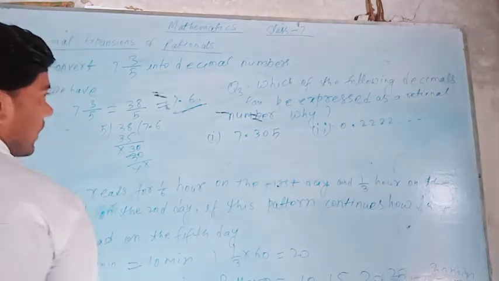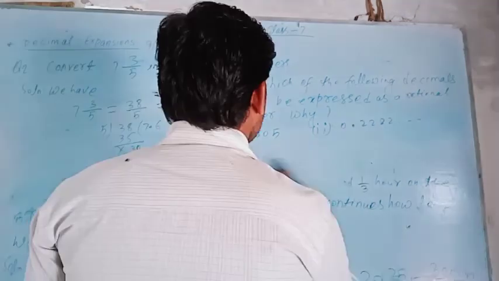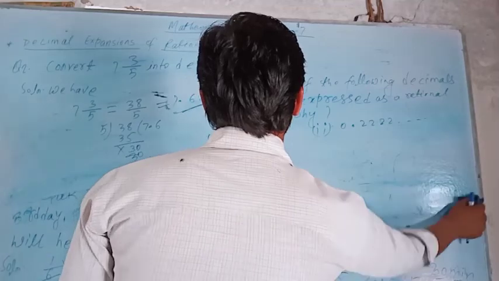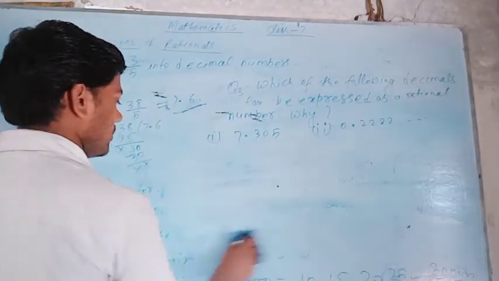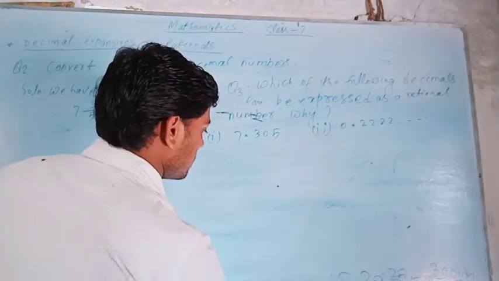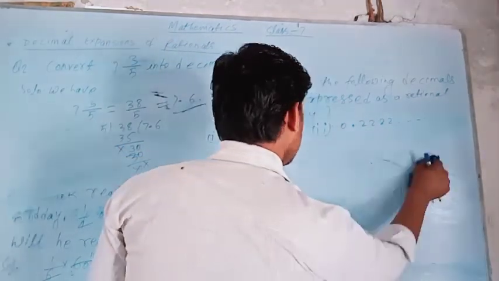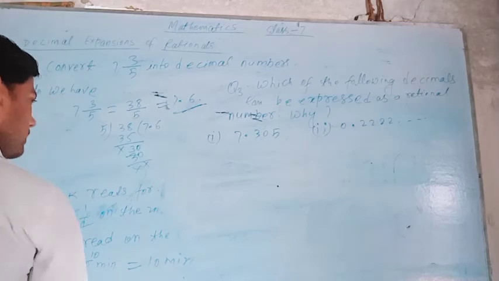You have to find which decimal can be expressed as a rational number.